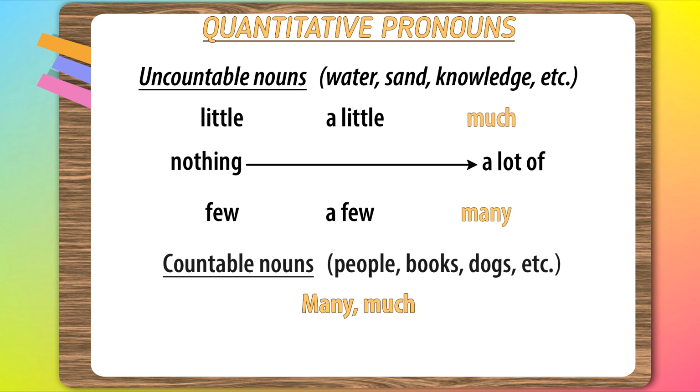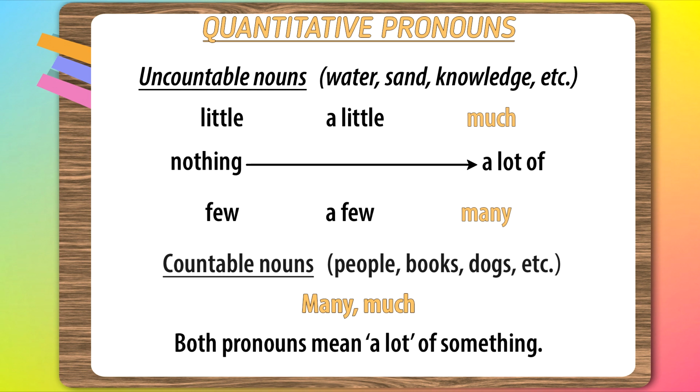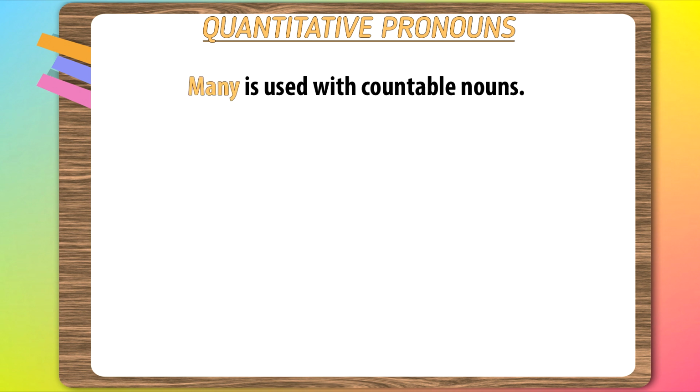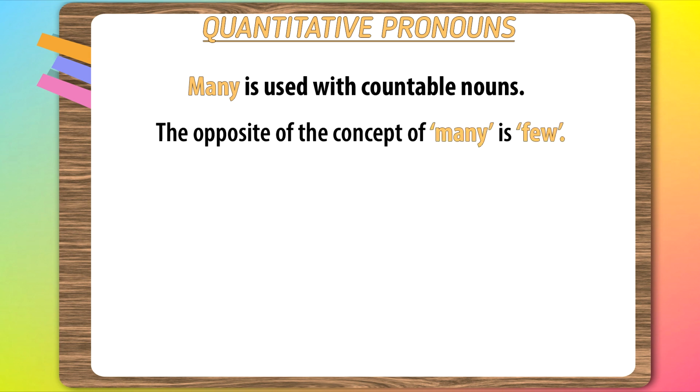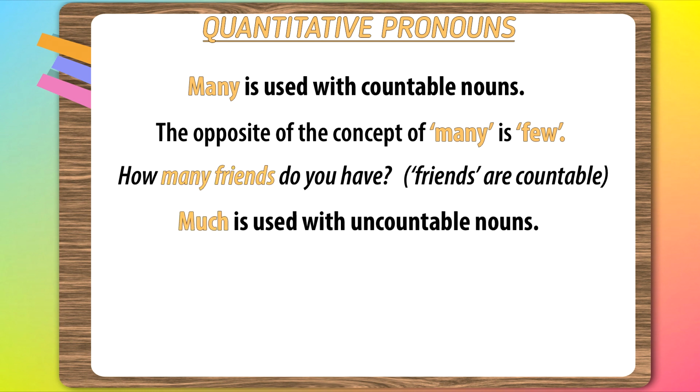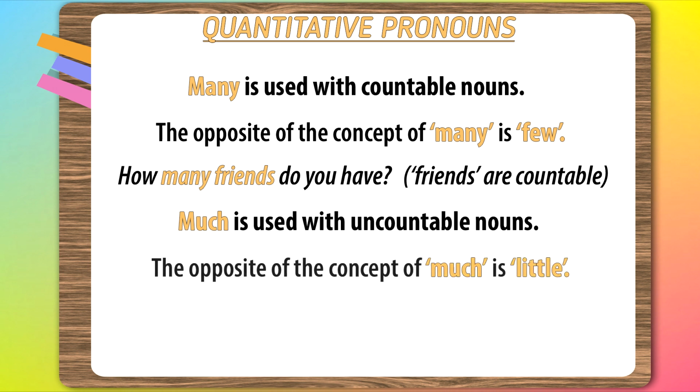Many and much. Both pronouns mean a lot of something. Many is used with countable nouns. The opposite of the concept of many is few. For example, how many friends do you have? Friends are countable. Much is used with uncountable nouns. The opposite of the concept of much is little.